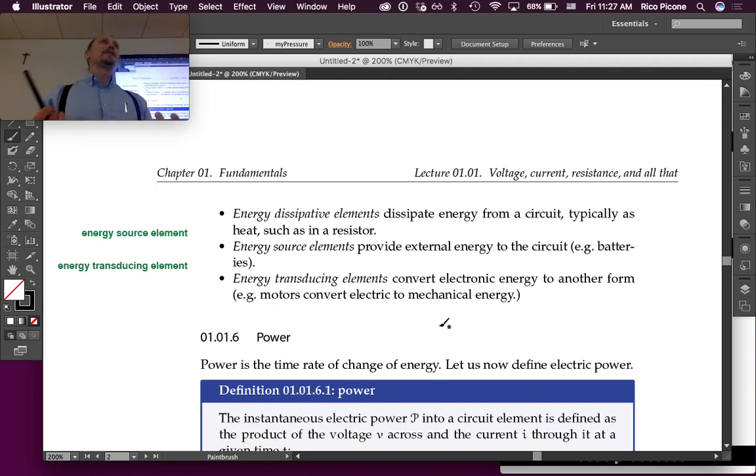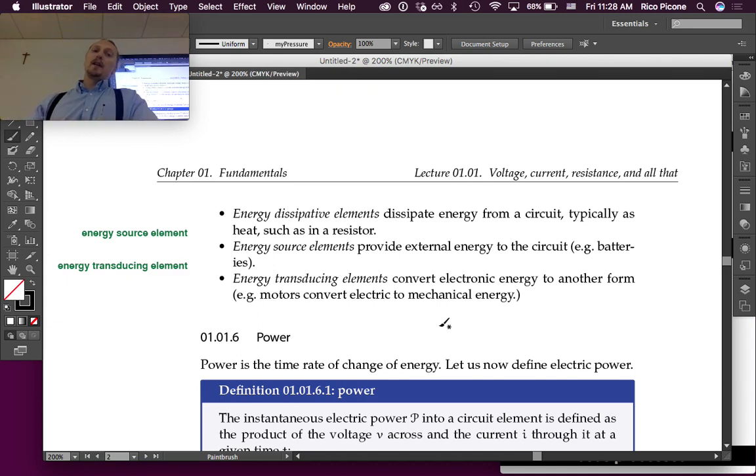When a resistor impedes the flow of current, it's also converting some of that electric energy into thermal energy.